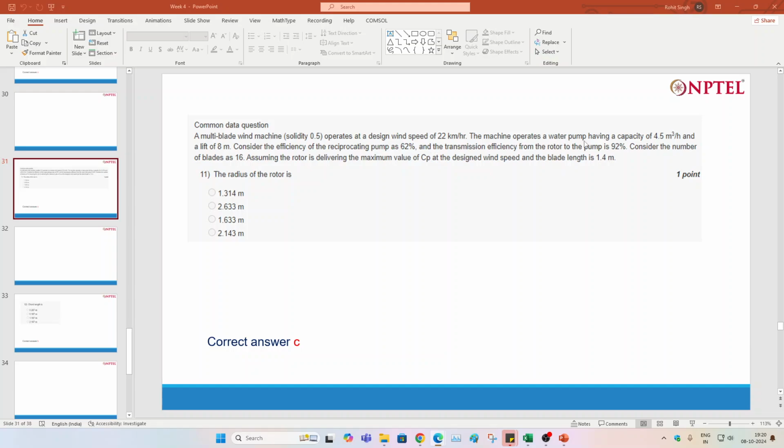Efficiency of the reciprocating pump and transmission efficiency are also given. So lift is given. Okay, the radius of the rotor is given. If you go to lecture 13 or 14 somewhere nearby, you will get the answer.